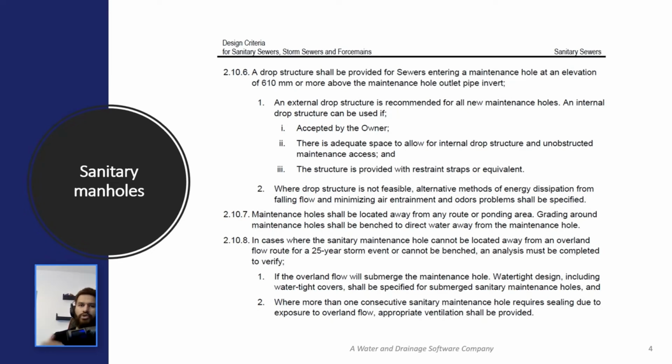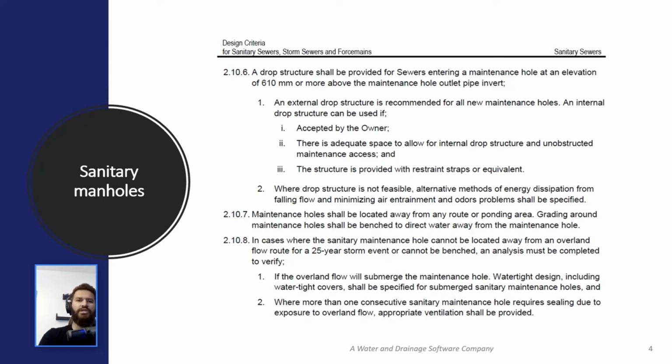In the second chapter, parts 2.10.7 and 2.10.8, there are two parts that are talking about the maintenance holes for the sanitary sewer that were just added to the new ECA legislation, and it is very important for either the consulting firms or the municipalities that are dealing with the sanitary sewers.